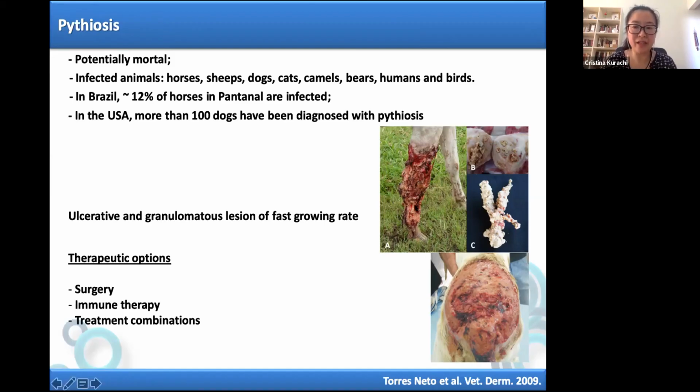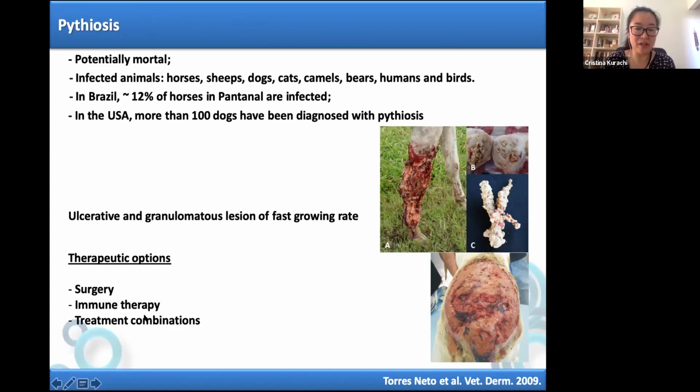And also there are some differences between the animals' evolution of this lesion. This case in the dog is not as invasive as in the horse, but again has fast growing. And as I mentioned before, the first therapeutic option is surgery. There is a bit of immunotherapy. People try to produce a vaccine for the Pythium, but the results they achieve are very controversial.